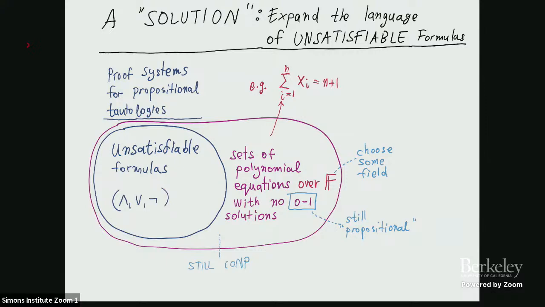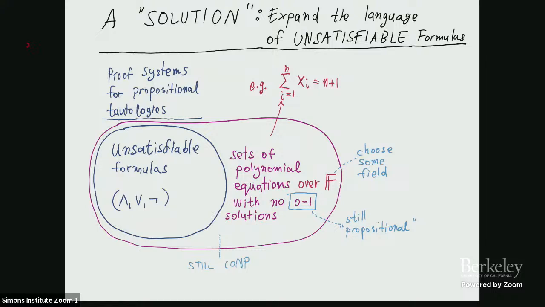Let's assume we have the usual proof systems, with unsatisfiable formulas built from logical gates and, or, not, CNFs and so forth. And we have the usual proof systems, resolution, Frege, and so forth, for propositional tautologies in this language.